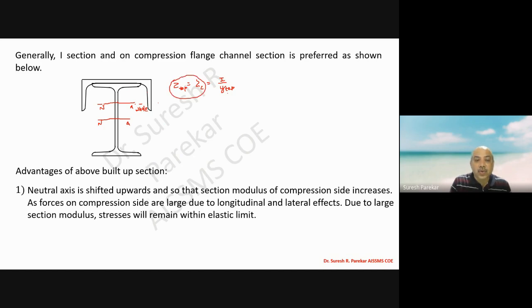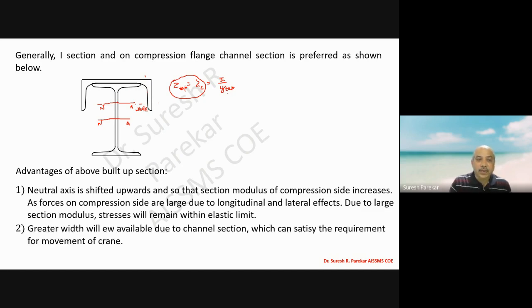Due to this, whatever stresses are on the compression side due to external loads can be kept within limit. As we have longitudinal loads over here, stresses will be developed on the compression flange. So we have larger stresses due to the crane and crane girders, and that we can accommodate by increasing the value of z compression.